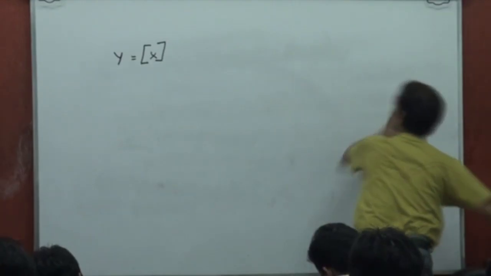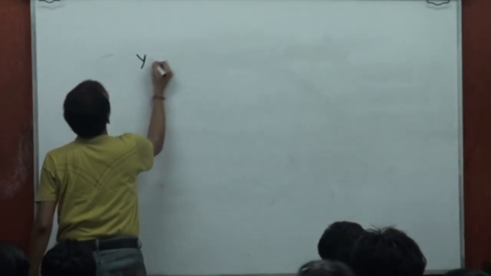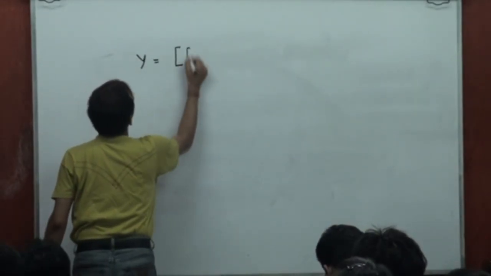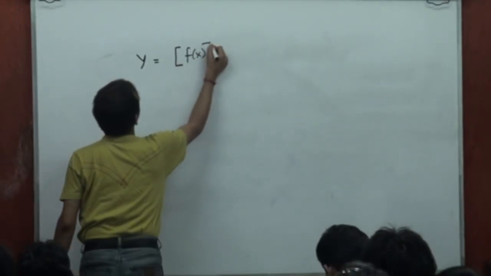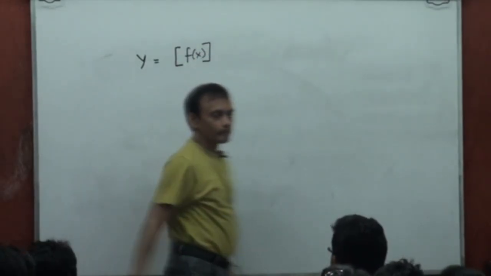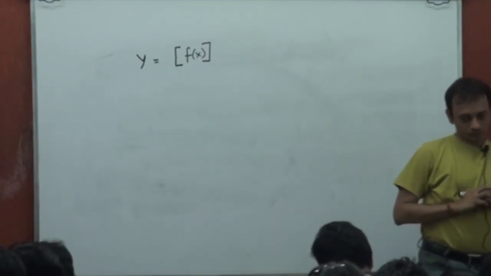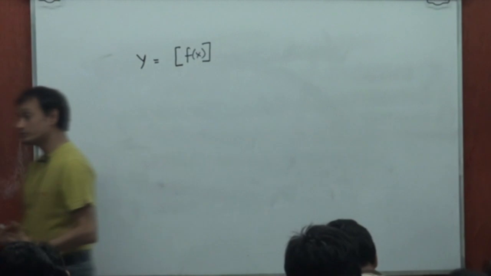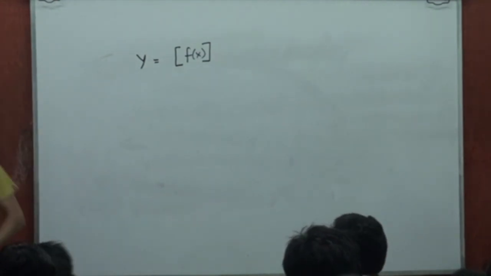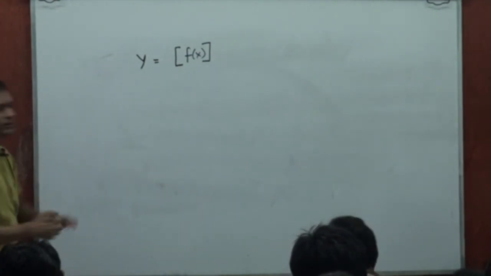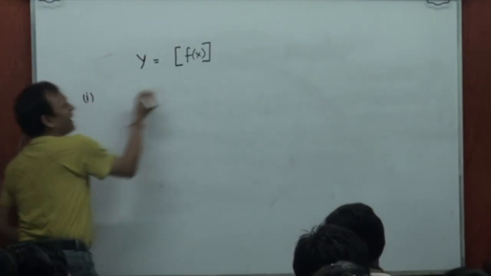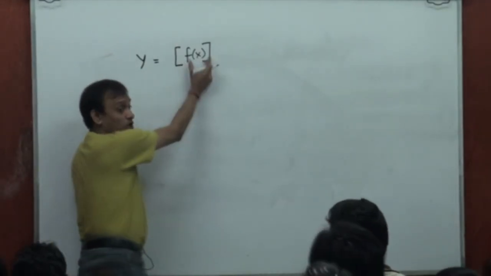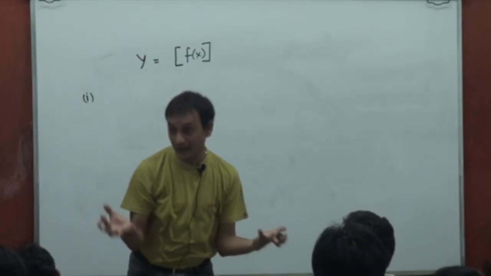Now, if instead of box x, I had box of fx, what are the values of x that must be looked into to investigate this function for continuity or otherwise? Number one, there could be values of x for which the quantity inside the box, that is fx itself, is discontinuous, right?